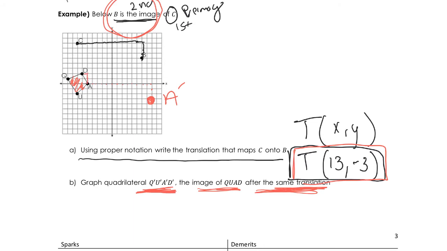It's going to be the same size, so it's going to do the same thing. But you could also just count right 13, down 3. So same for you. Right 13, down 3.